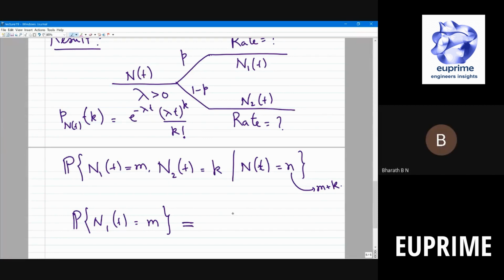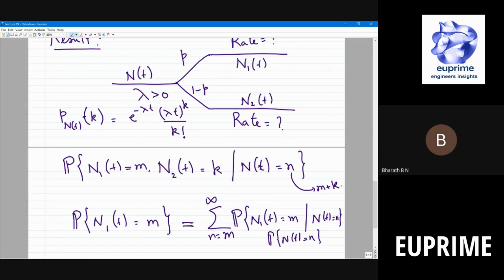I can write the probability that n1(t) is m, given n(t) equal to n, into the probability of n(t) equal to n, summed over n equal to 0 to infinity. In fact, we cannot just go from 0, because that first probability will be 0; at least you should start with m.